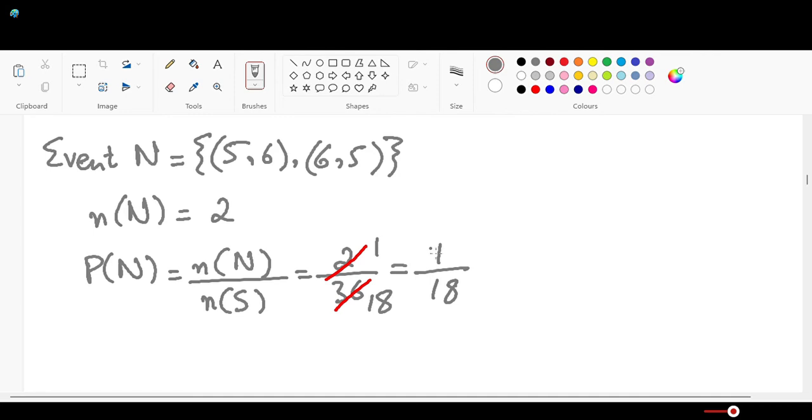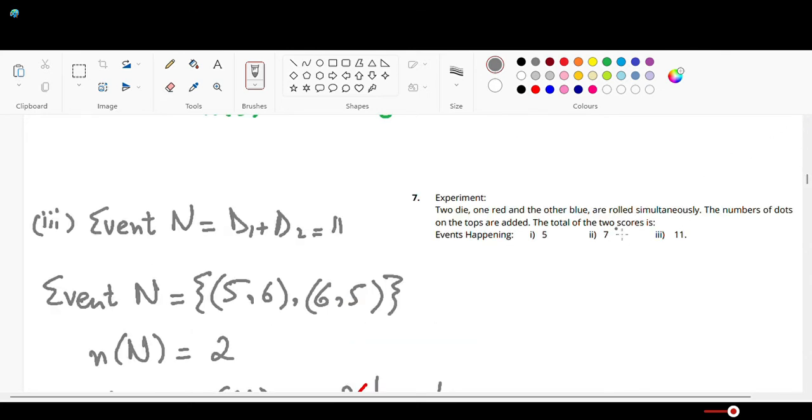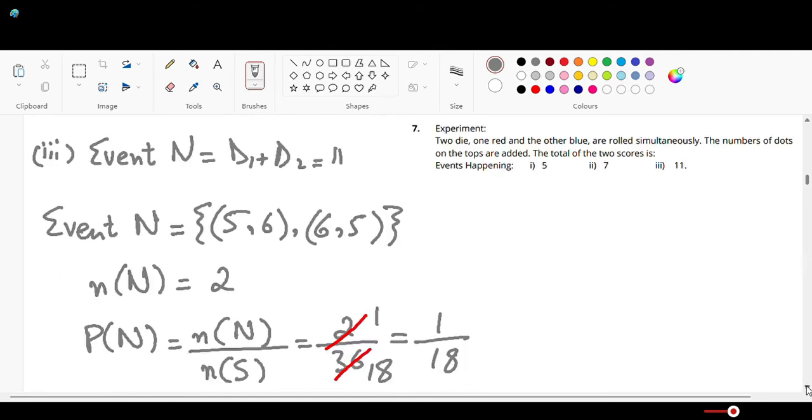That means we have a 1/18th chance of getting the scores to sum up to 11. And yeah, that's the 7th question.